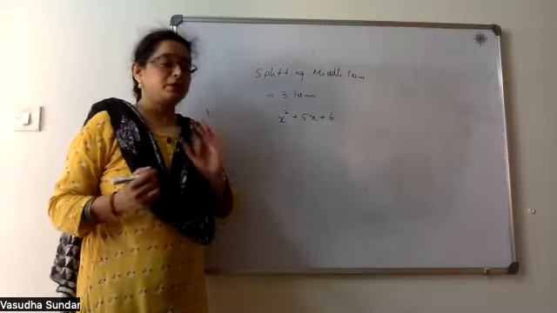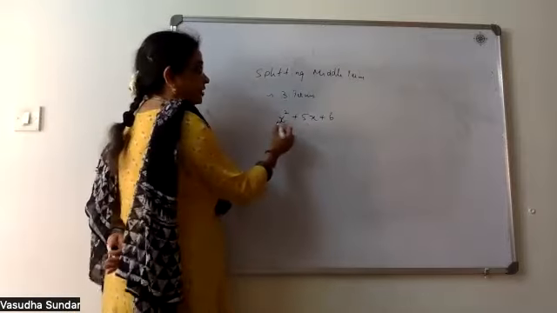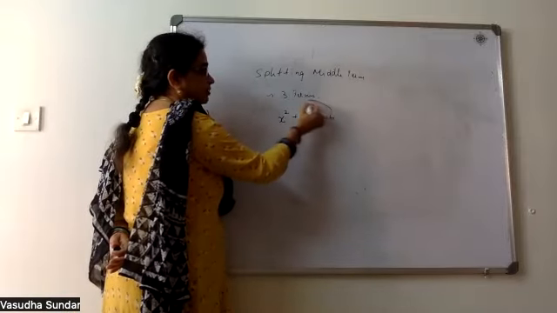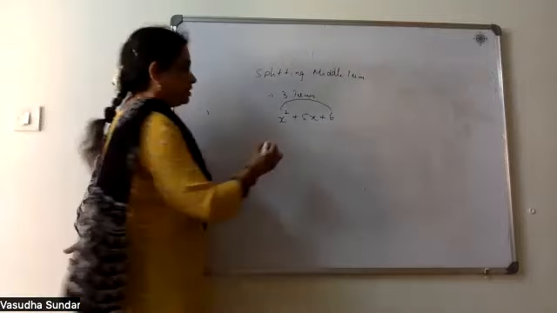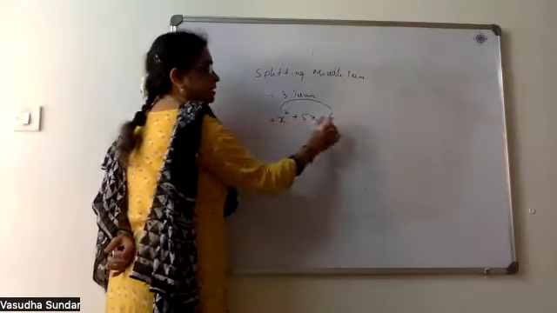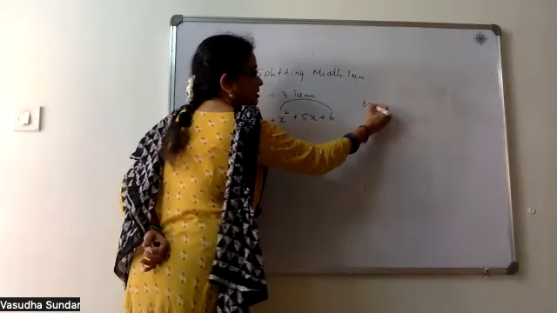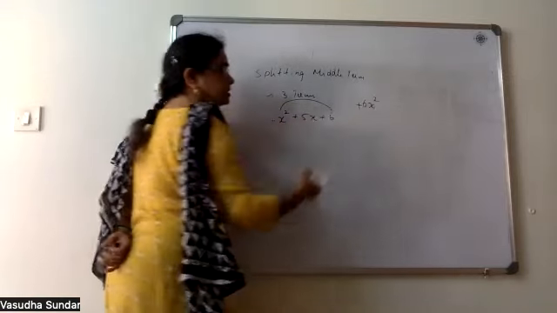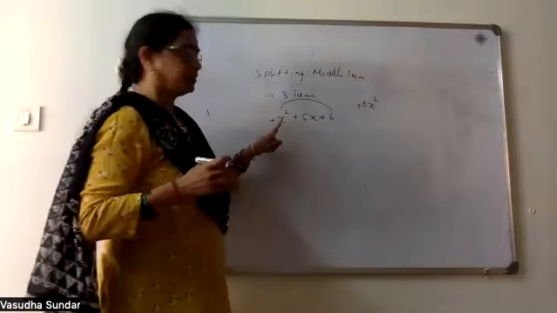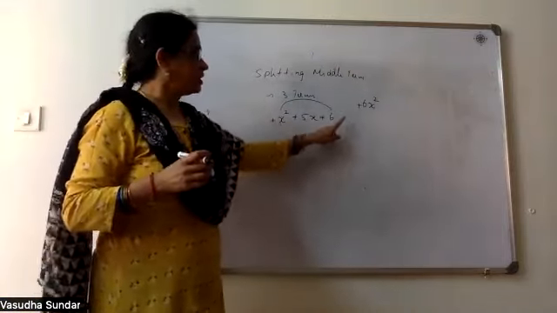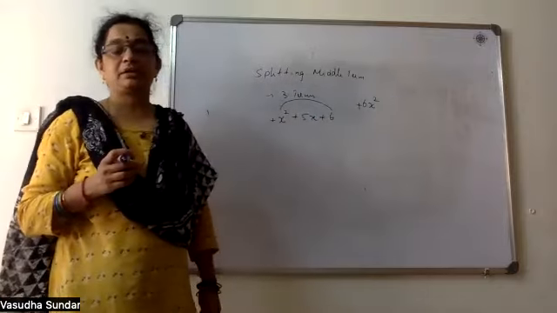Now how do you do it? Watch this. You'll have to take the product of the first and the last terms with the sign. So this is plus x squared, plus 6. So the product is 6x squared. Write it here. Take the product of the first and the last term and write it as 6x squared.